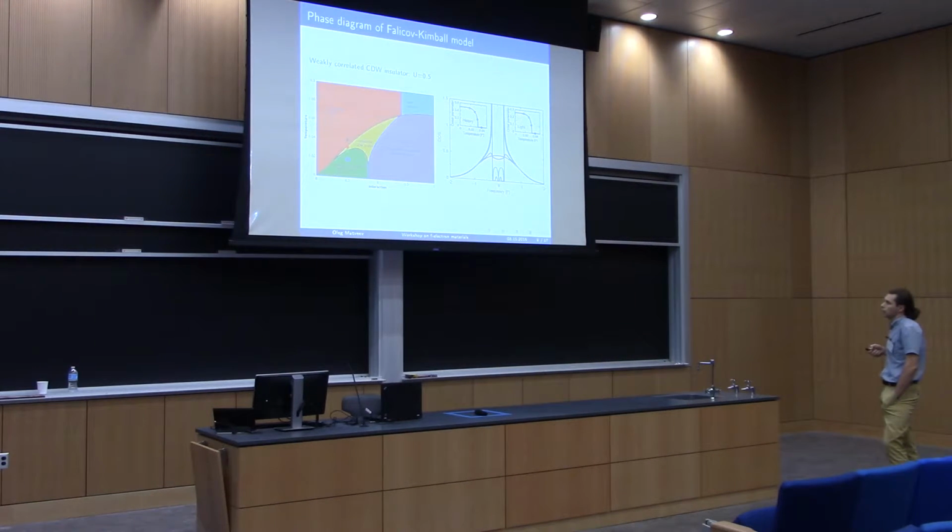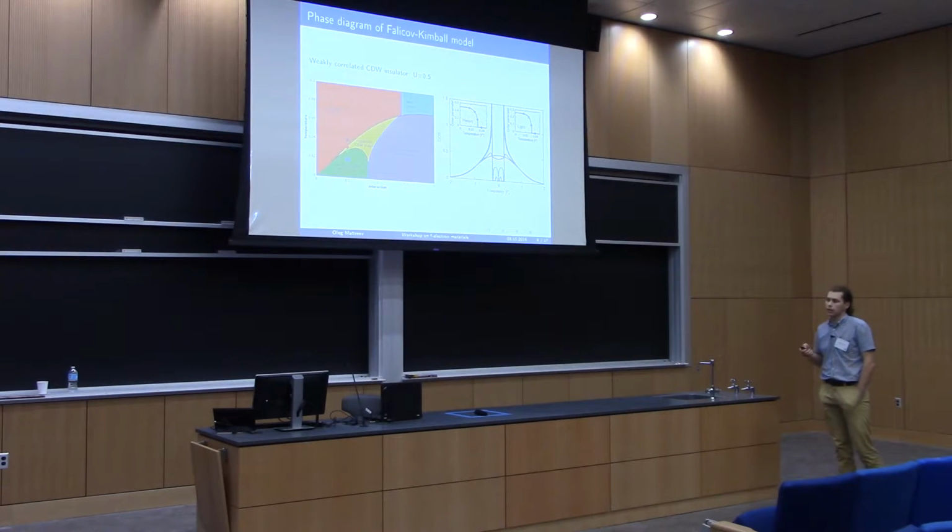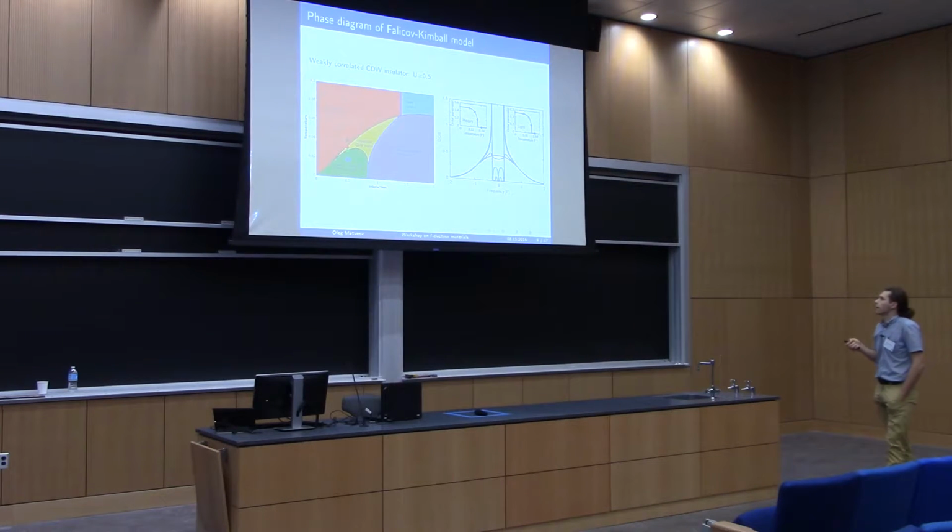This is the strongly correlated charge density wave insulator, and this region we call the correlated charge density wave metal, because here the density of states at the Fermi level stays non-equal to zero down to zero temperature. So that's why we call it metal.